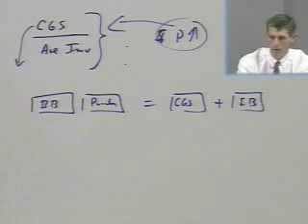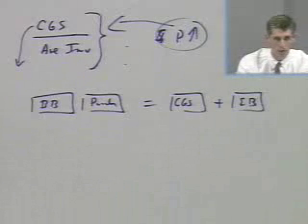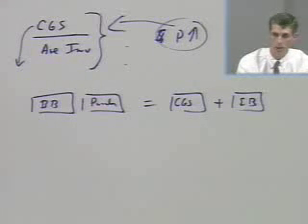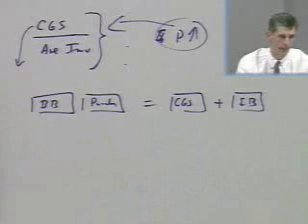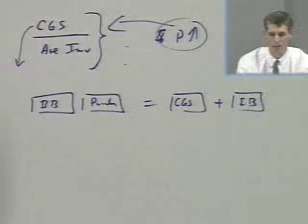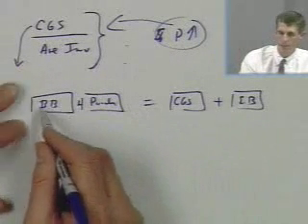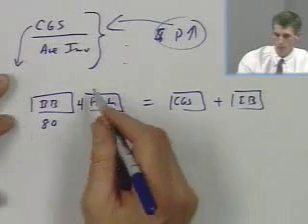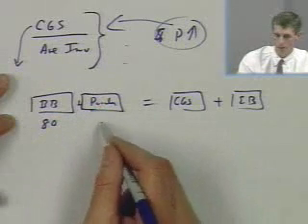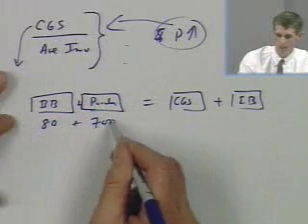Now, the first thing we have to do, no matter which method we are using, is figure out what the units are, because accounting has nothing to say about the units. Accounting has something to say about the value of those units, but not the actual flow. So in this case, beginning balance was how many? 80 units. What was purchased during the period? 700.